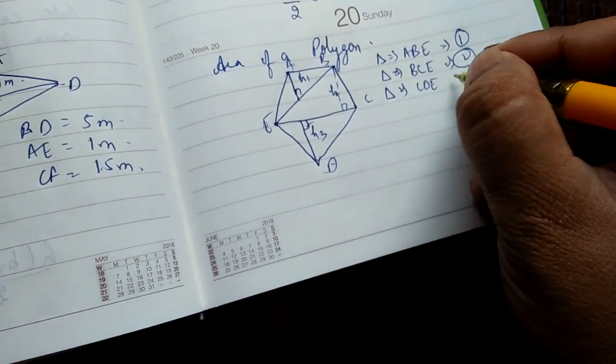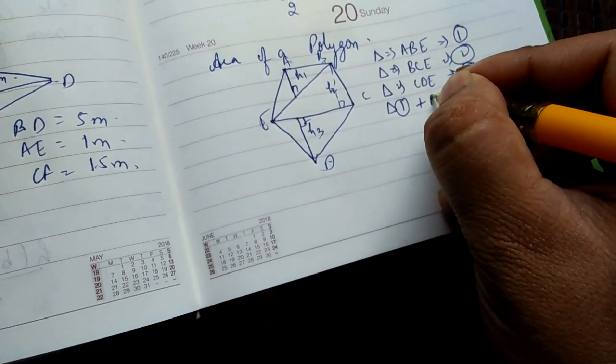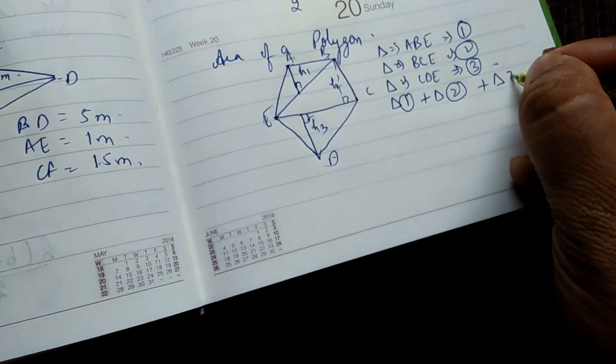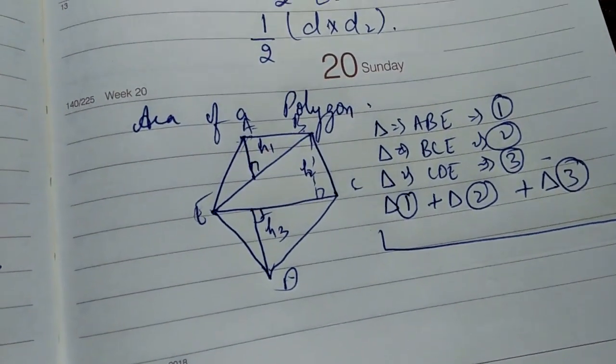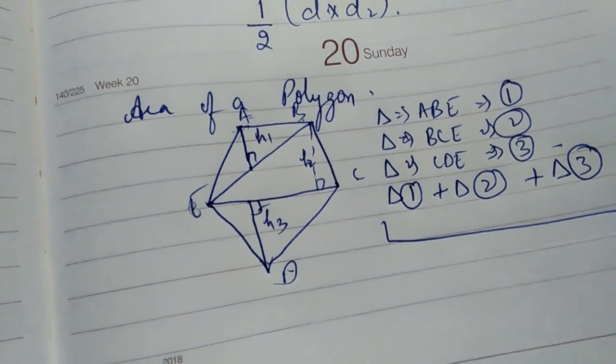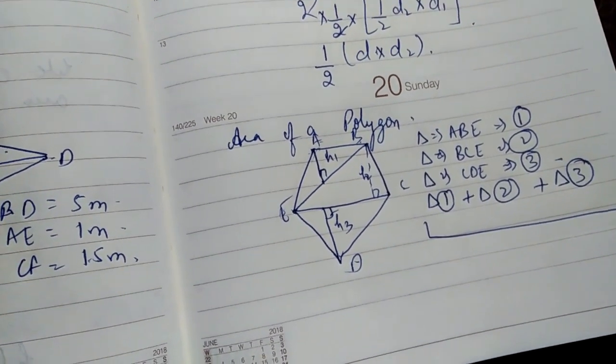So triangle 1 plus triangle 2 plus triangle 3 will give us the area of the polygon. So you have to split it and try it. This will be simple enough.